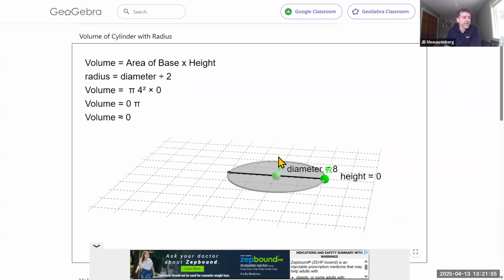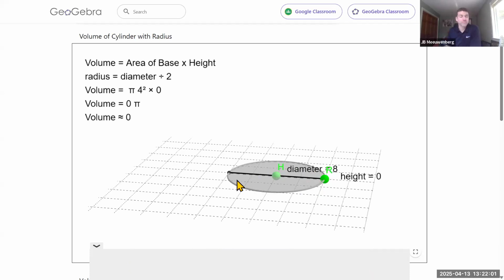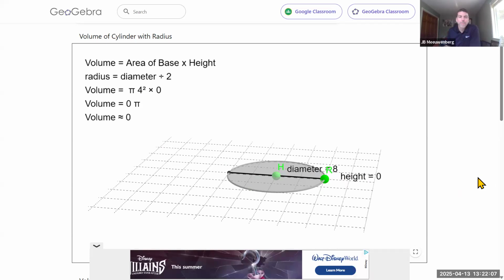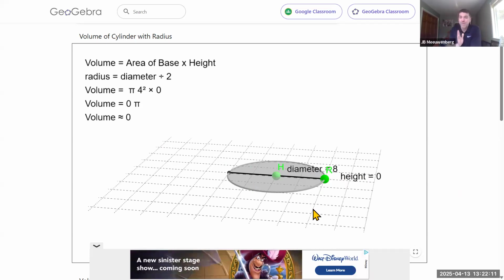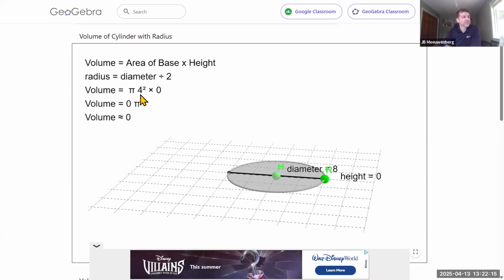So what you'll see right here on this grid is a circle, and that circle has a diameter of 8, which means its radius is 4. Now, how do you find the area of a circle? Pi times the radius squared. You'll see that right here. Notice we have pi times 4 squared.